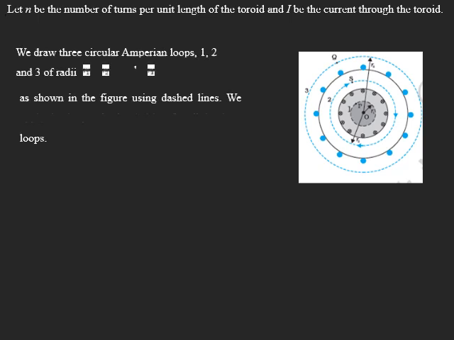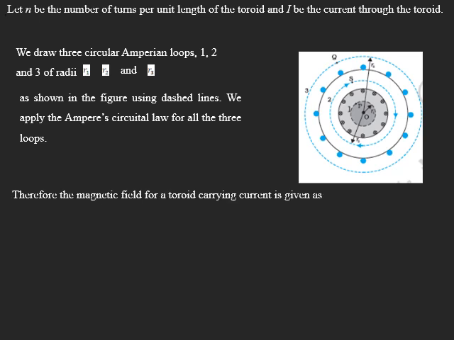So we have drawn three Amperian loops. Amperian loop 1 has radius r1, Amperian loop 2 has radius r2, Amperian loop 3 has radius r3, and each can be drawn in the form of a dotted line. We will find the magnetic field for loop 1 separately, loop 2 separately, and loop 3 separately, and add them together to get the total magnetic field of the toroid.